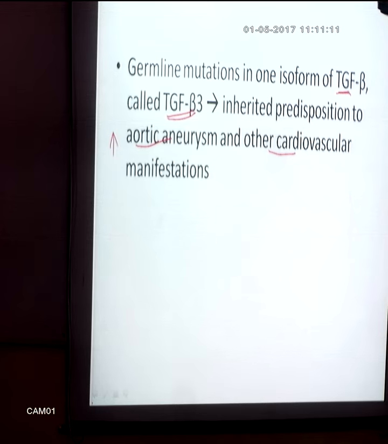They have not classified this as Marfan's, but they have said that it increases the risk of aortic aneurysm and cardiovascular manifestations. That can be a question. Which of the following protein mutations can result in an increased risk of aortic aneurysm? That can be a question. The answer should be TGF beta 3.